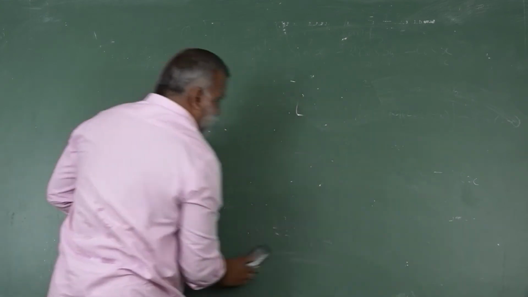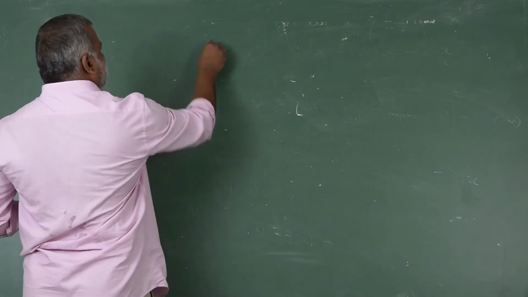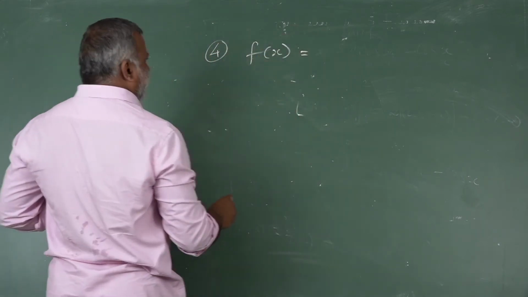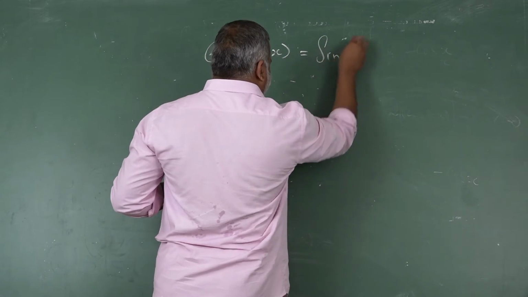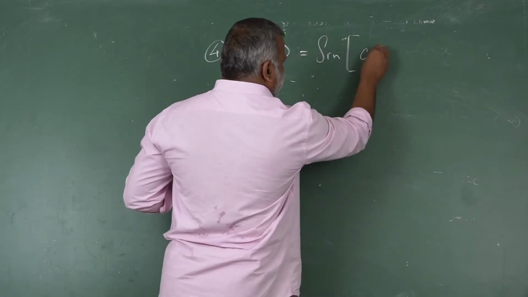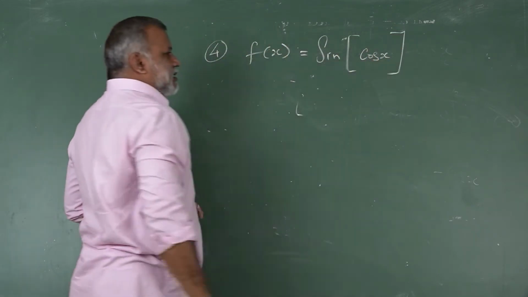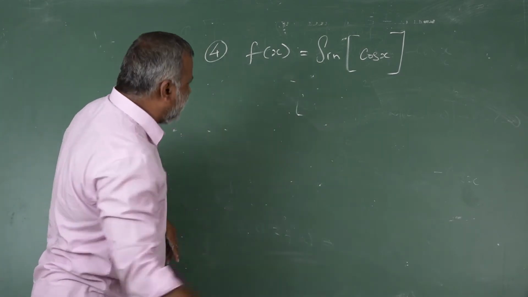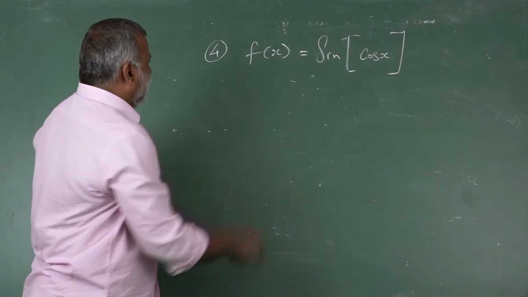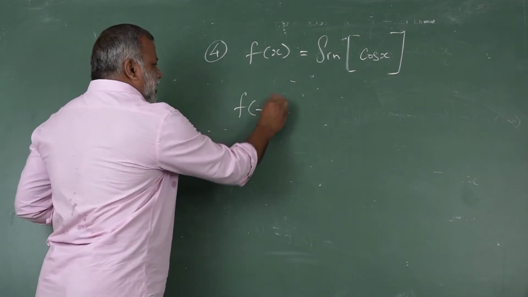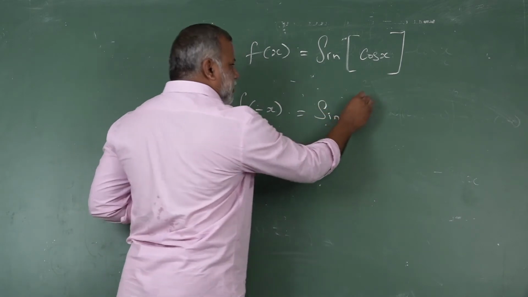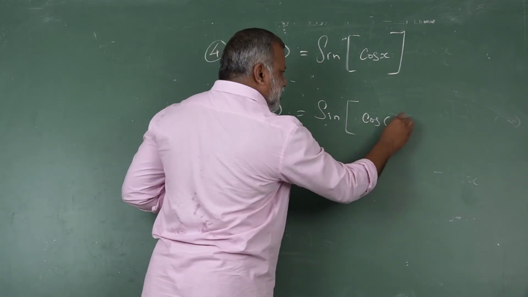Now see question number 4. f of x equals sin of cos x. This is sin of cos x. It is nothing but a function of a function. Again, see here, x is replaced by minus x. Here sin is outside and the inner function is cos of minus x.